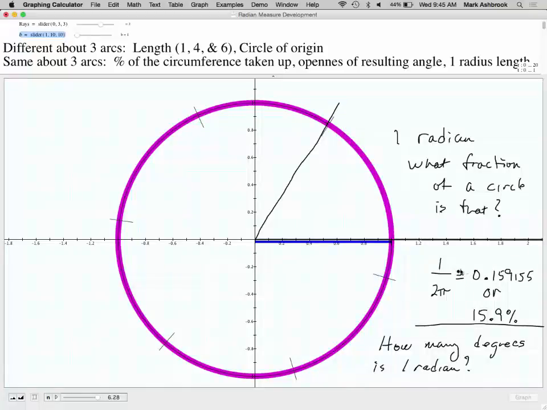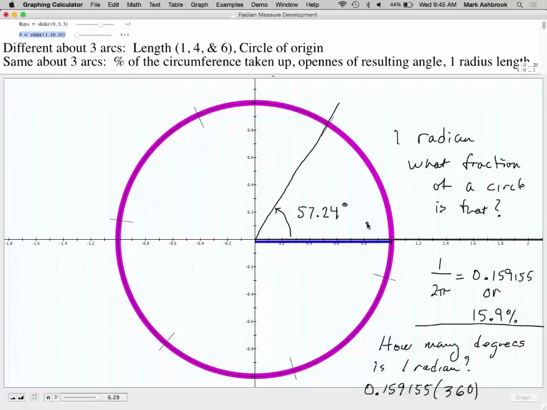Yeah, so we're going to take that fraction of 360. That fraction of 360 will give me the degrees. So 0.159 of 360, and is that 57 or something? It's 57.24 degrees.